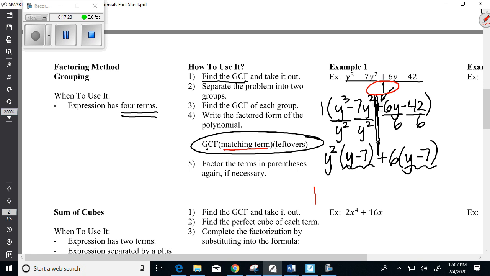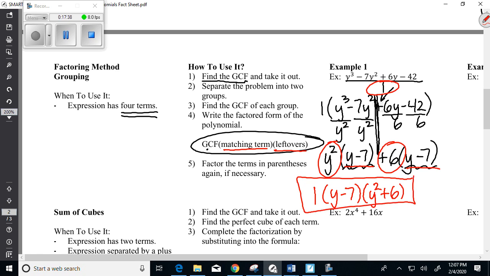Matching term, so the part in parentheses that match goes next. The leftovers are simply the parts of the problem that were outside: y squared plus 6. And that's your factored answer for grouping.